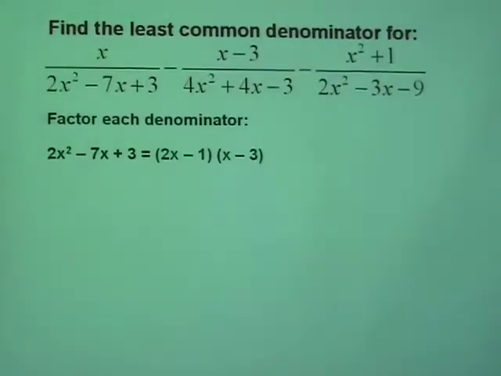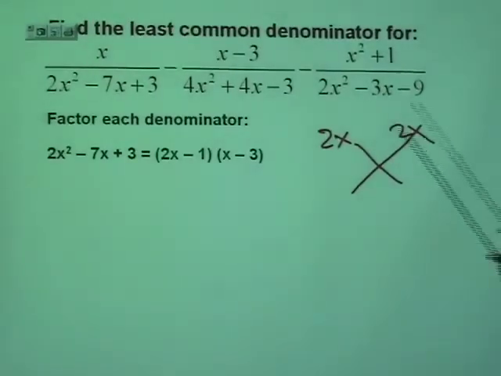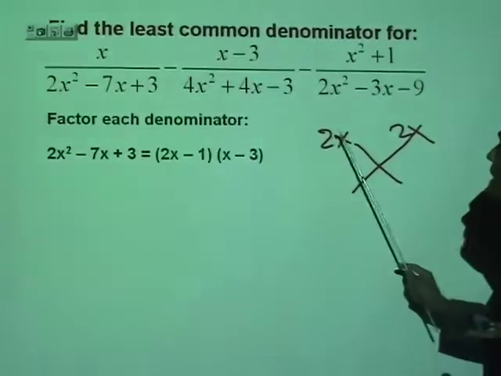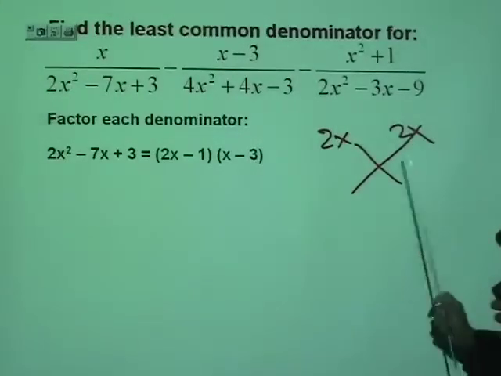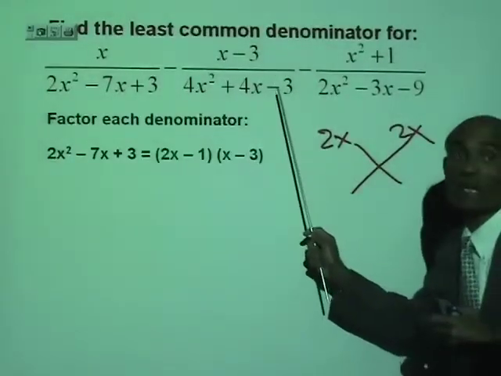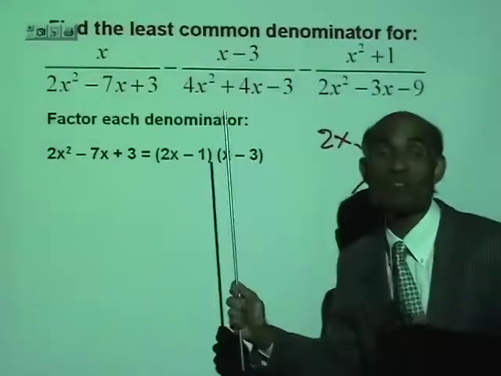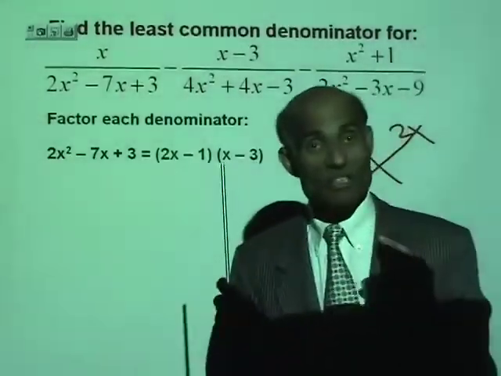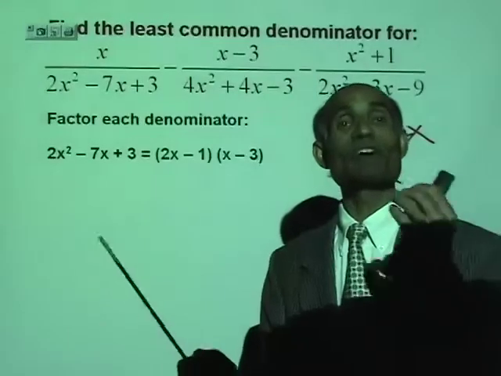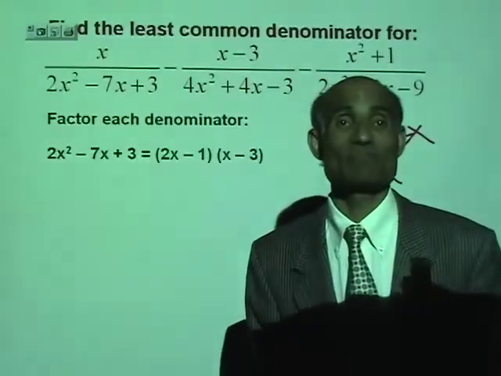Well, that means you need to factor the 4x squared as 2x times 2x, and the negative 3, the last term, is negative, which means one of its factors will be positive and the other will be negative.